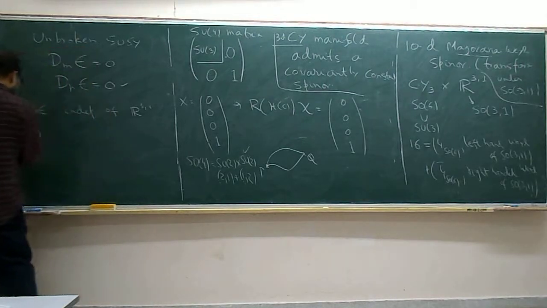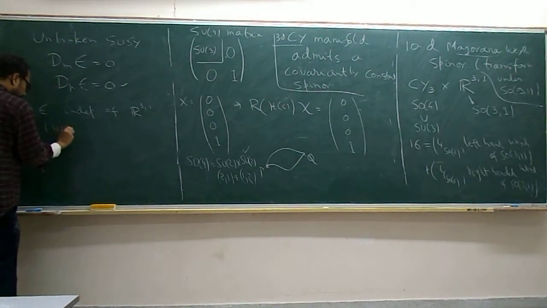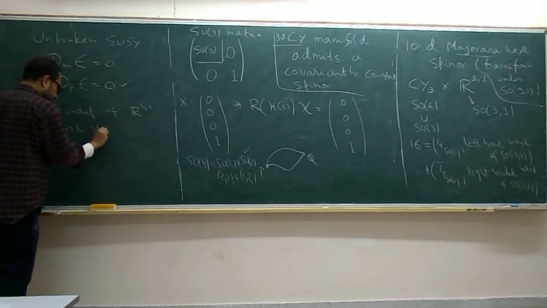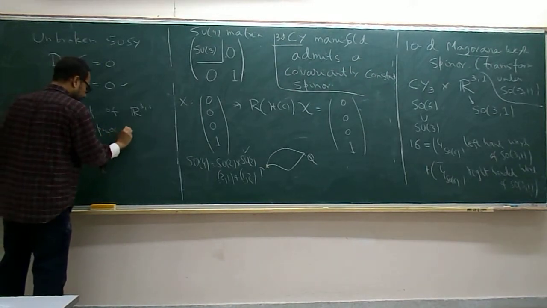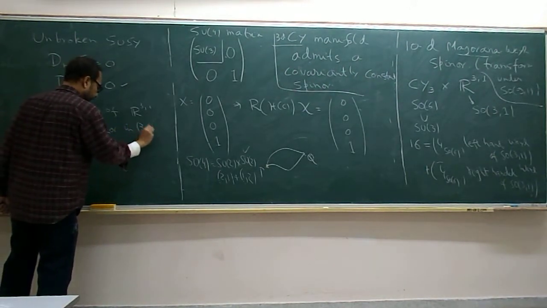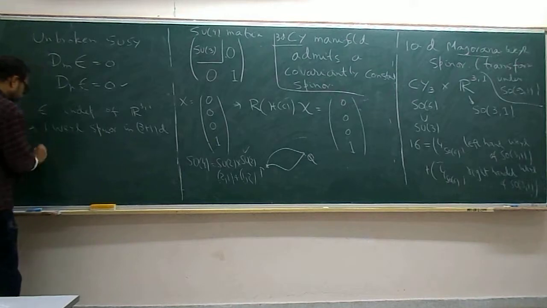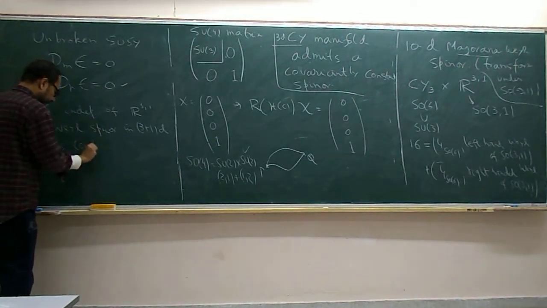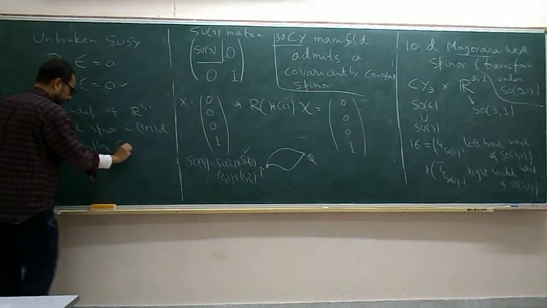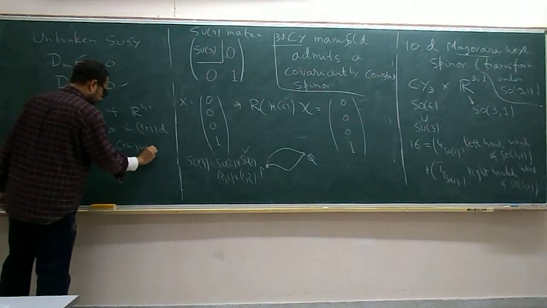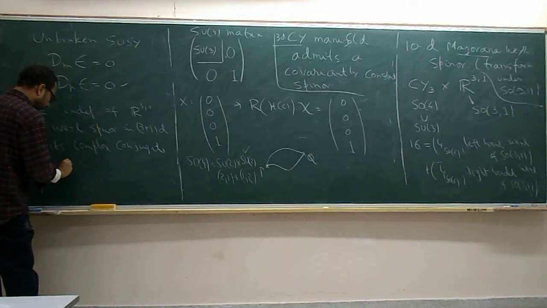So this gives you one Weyl spinor in 3+1 dimensions plus its complex conjugate, which basically means N=1 supersymmetry.